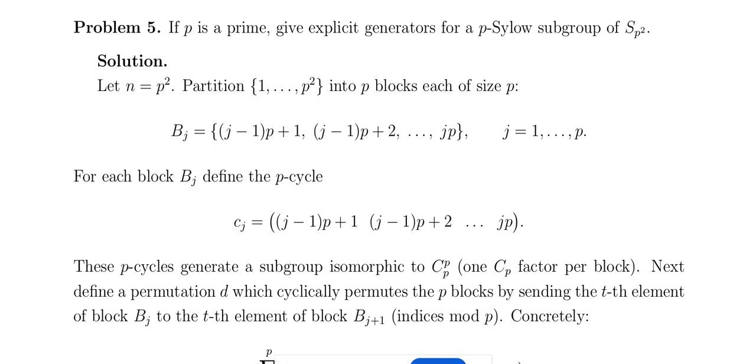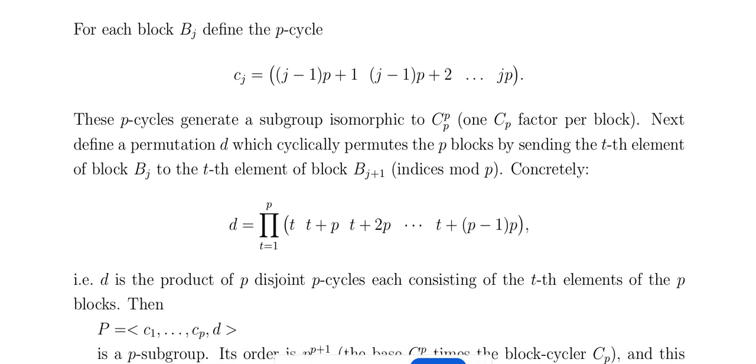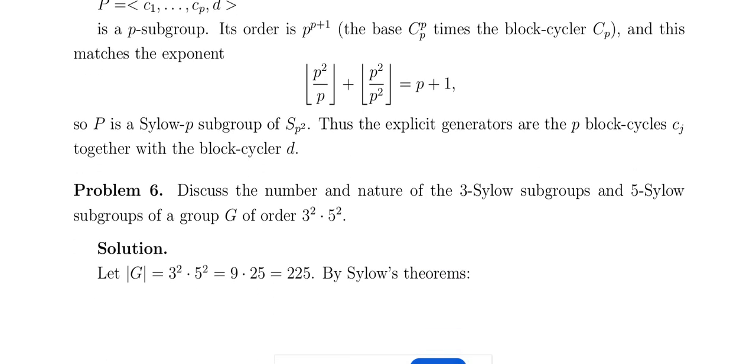In the same way, P is a prime. The explicit generator for the P-Sylow subgroup of S_{P square}, that is n equal to P square. A generalization of this is the partition of P square into P blocks of size P. So that is the idea.